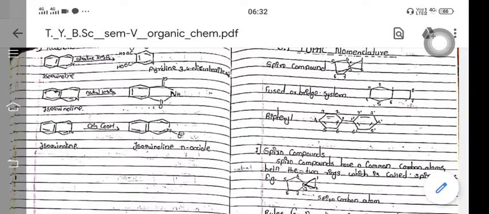Firstly, we look at the part which we have covered in the last lecture. That is some basics regarding the IUPAC nomenclature of the spiro compounds.